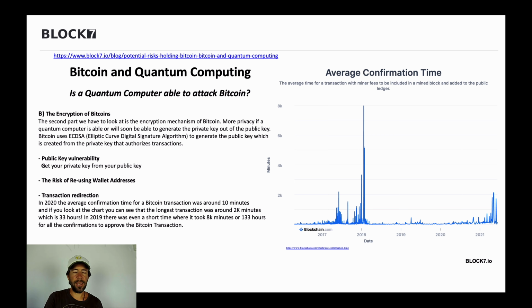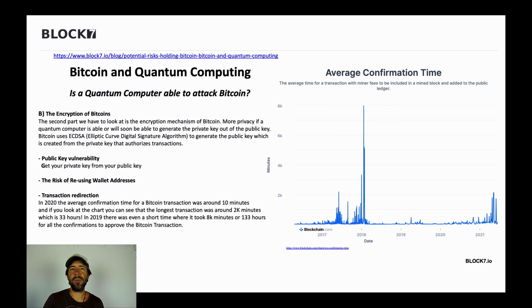The second thing is that if you just use the address one time, then the risk is very low. But theoretically, there would be the risk that during the transaction, a quantum computer could go in. During the transaction, of course, you see the public key because you need it for the transaction. And in this short time, the quantum computer could get in and try to recalculate it.